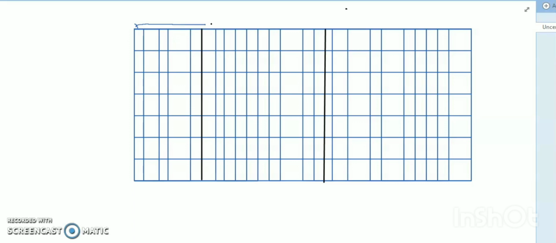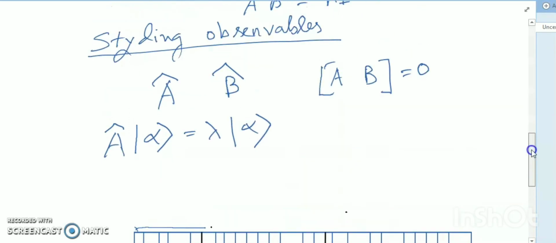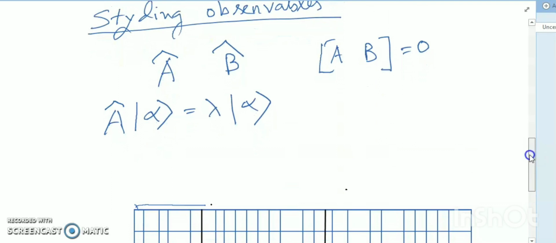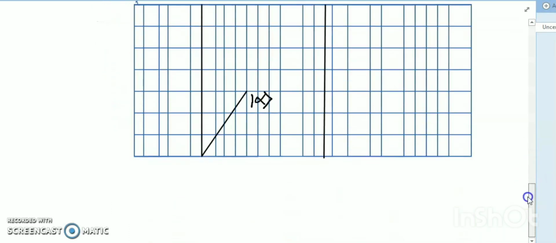First, since alpha is an eigenvector of A, A simply scales it by its eigenvalue, because I have already shown that A acting on eigenvector alpha equals lambda times alpha.